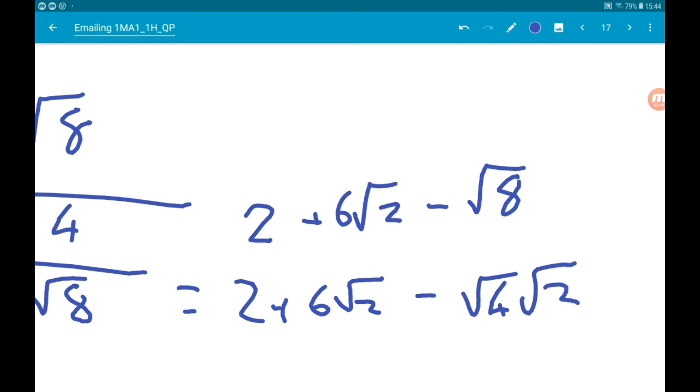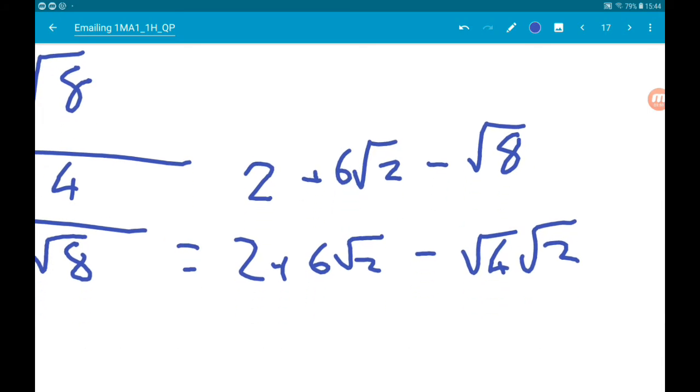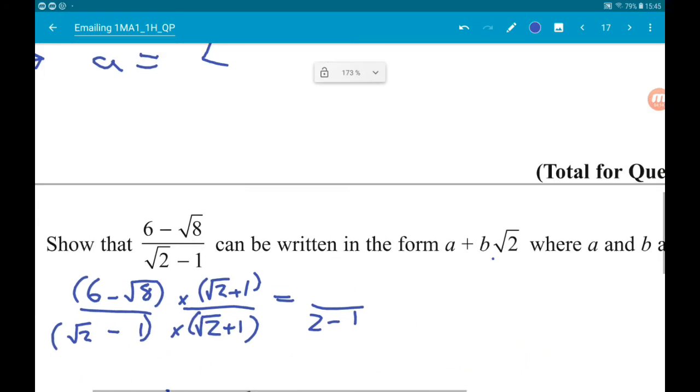Now root 4 is 2, so we have 6 root 2 minus 2 root 2, so altogether we have 2 add 4 root 2. So that's what we got up on top.